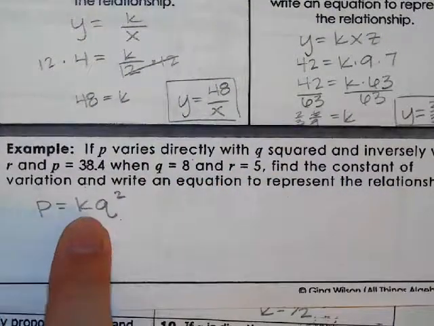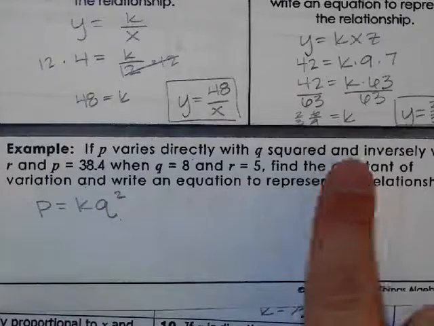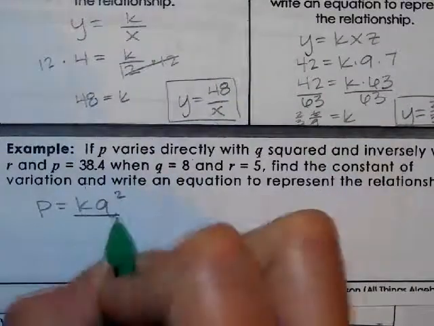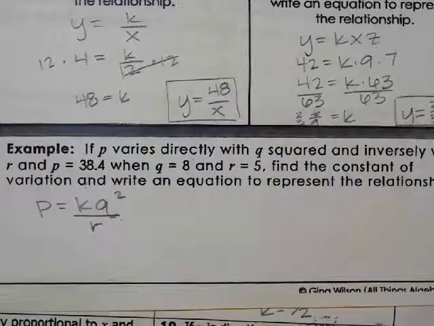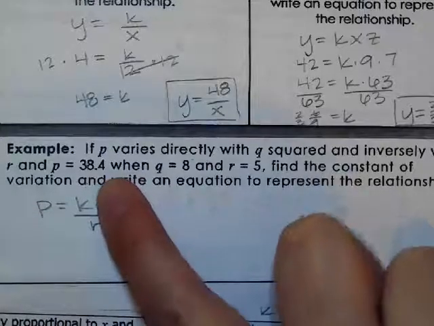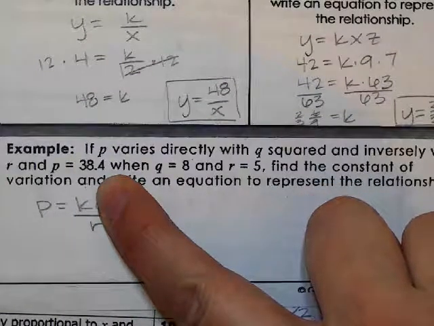And then how do we write inversely with R? Divided by R. There's our equation. Does that make sense? The kQ squared is the directly with Q squared. The k over R is the inversely with R. Directly with Q squared, inversely with R.